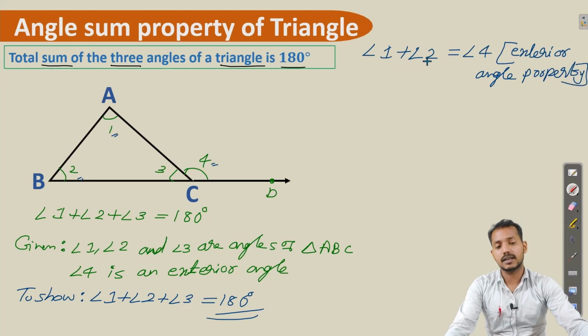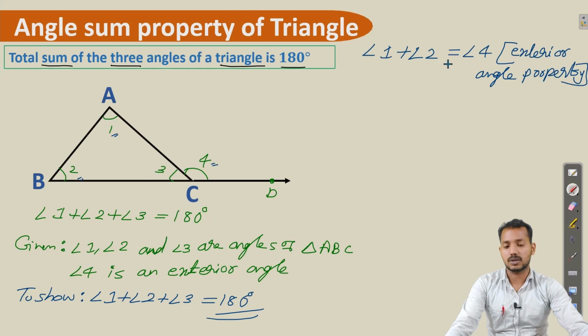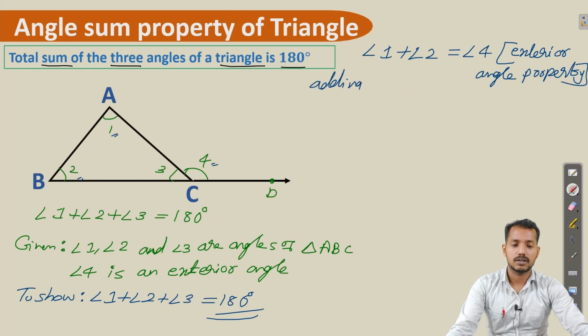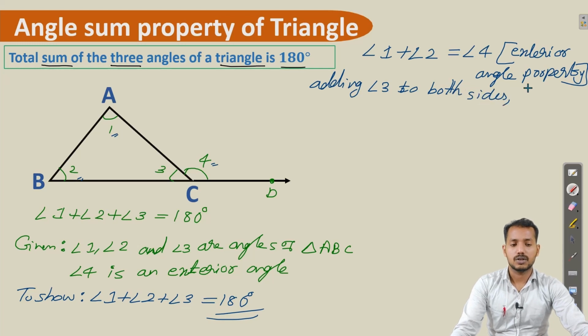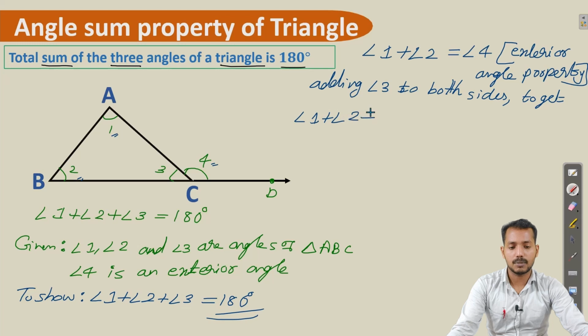Now I am going to add angle 3 to both sides of this equation to get the LHS in this form, angle 1 plus angle 2 plus angle 3. So adding angle 3 to both sides, what I will get here: angle 1 plus angle 2 plus angle 3, I am going to add first to LHS, equal to, what is the term given in RHS?